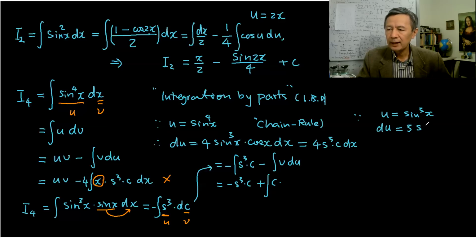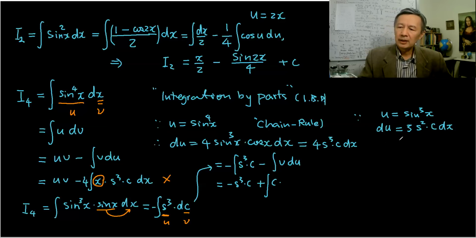We have the sine, so 3 minus 1 becomes squared. So 3 times sine squared, and then don't forget the chain rule. The chain rule will give you positive cosine, and then dx. So this is the equation we're going to use. We put the C, we times C, S squared times C and dx.